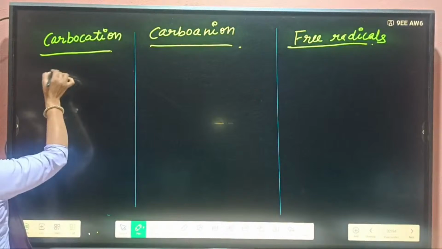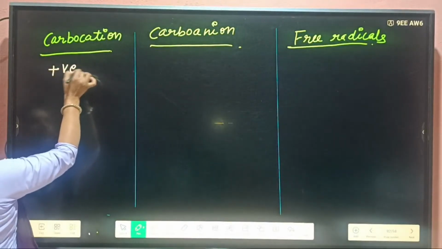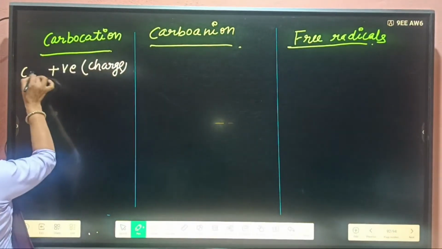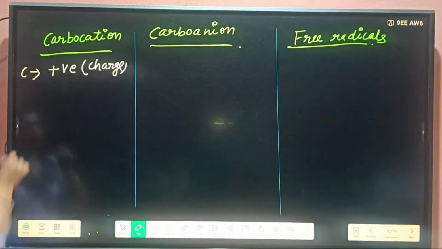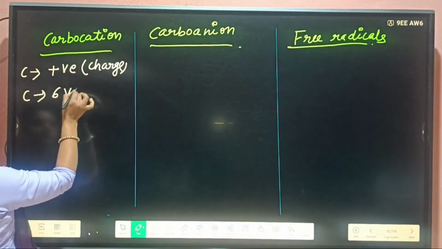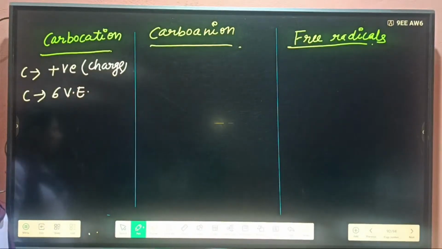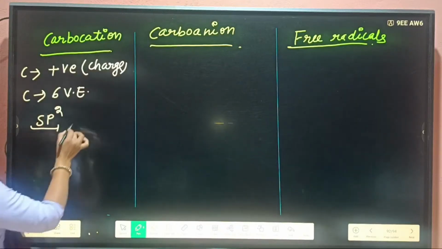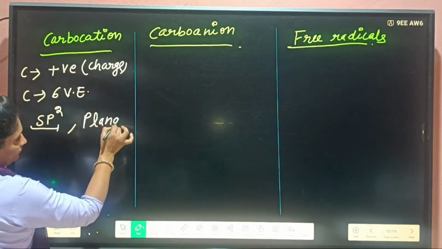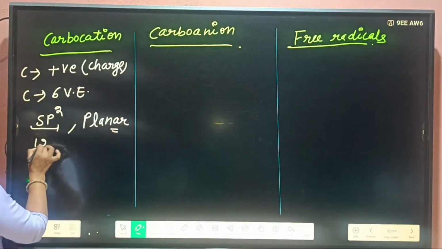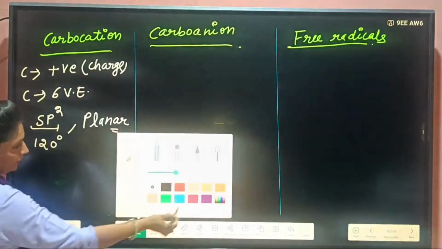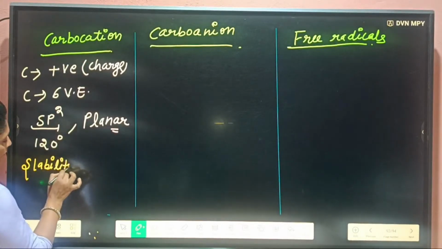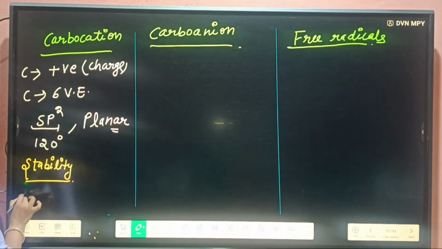Here carbon has a positive charge. Carbon has 6 valence electrons. Carbon is sp2 hybridized, planar structure, angle will be 120 degree. And then stability order, stability and reactivity.